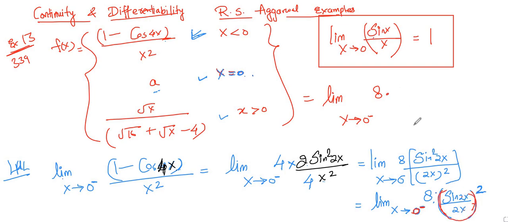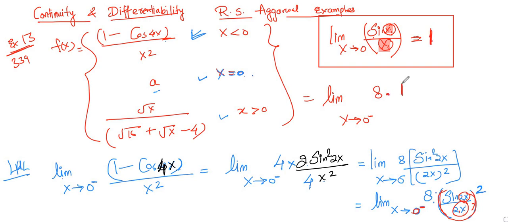It is matching this formula. The condition for this formula, remember, is that this x and this x should match. If it is 2x, then it should be 2x. If it is 3x, this should be 3x. Here these two are matching, both are 2x and 2x. So we can apply this formula here.